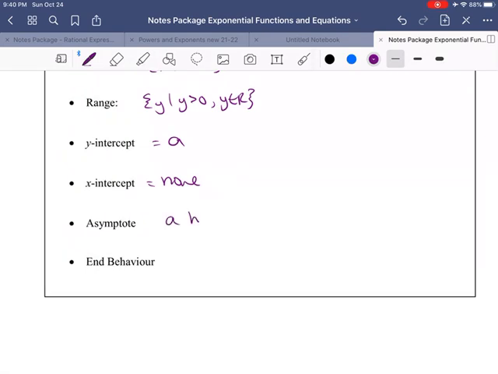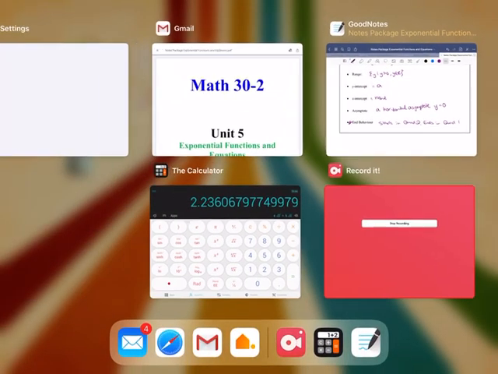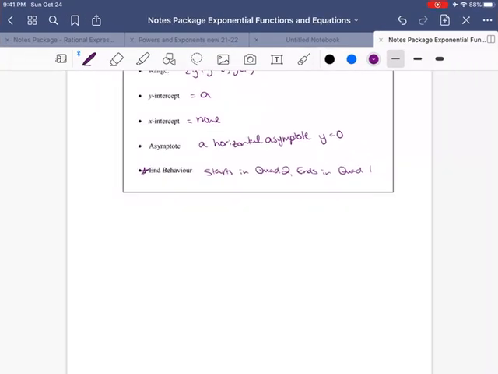The asymptote is a horizontal asymptote, y equals 0. And the end behavior, this part's new information, it starts in quadrant 2 and ends in quadrant 1. So if you remember, your quadrants are 1, 2, 3, and 4.